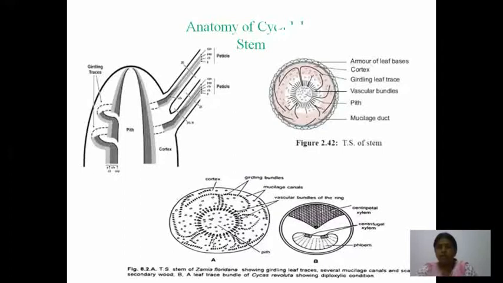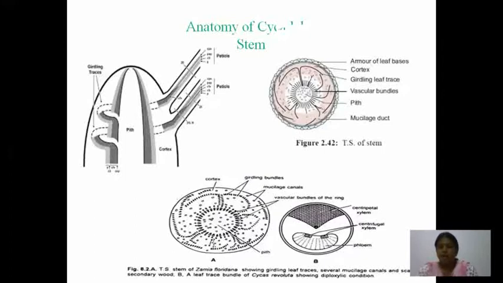So this type of arrangement is known as monoxylic because there is only one ring of secondary wood, whereas in other members such as Cycas, Macrozamia and Encephalartos, the secondary wood is polyxylic.